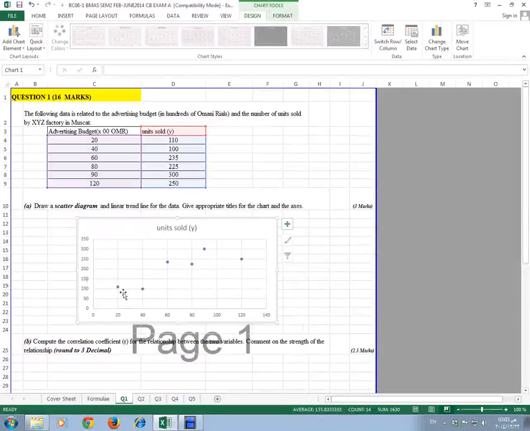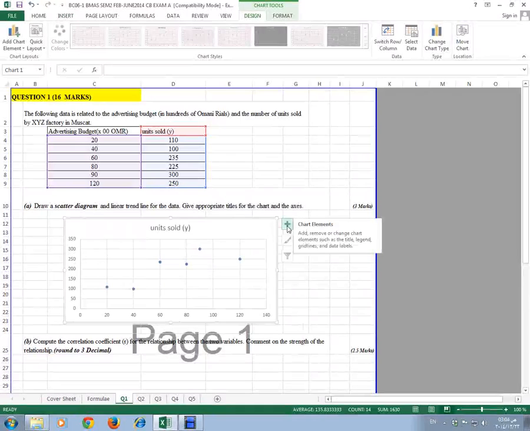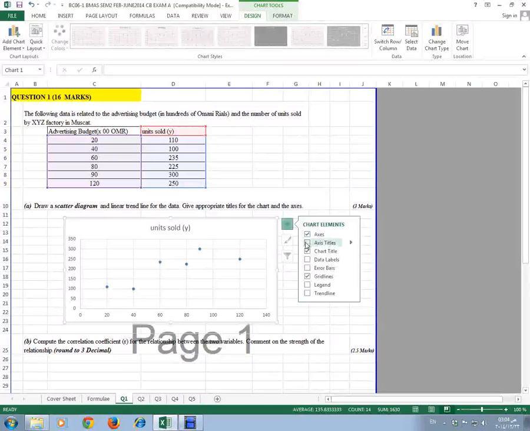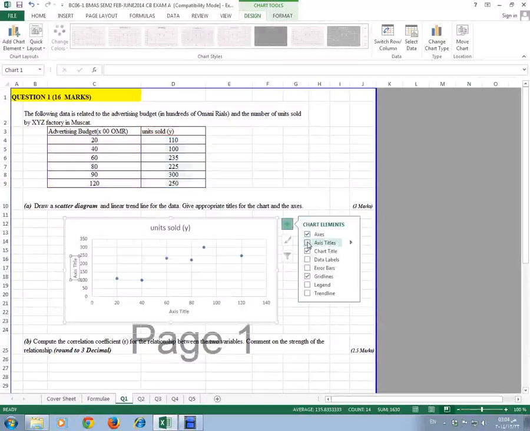The question requires an appropriate title and axis labels, and also the trend, so click the plus, axis titles, and also show the trendline.